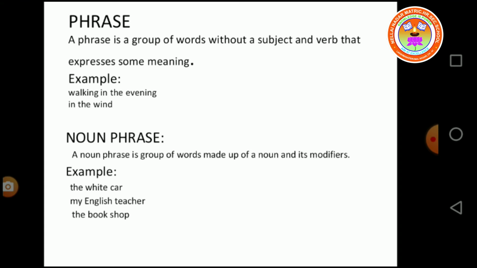For example, the white car, my English teacher, the bookshop. In these words, we have nouns such as car, teacher, shop. Hence, these are called noun phrases.